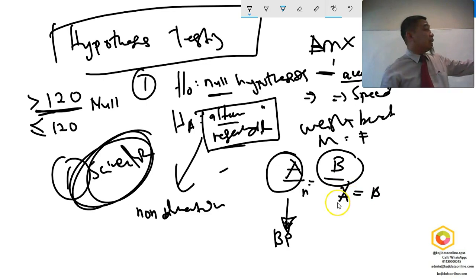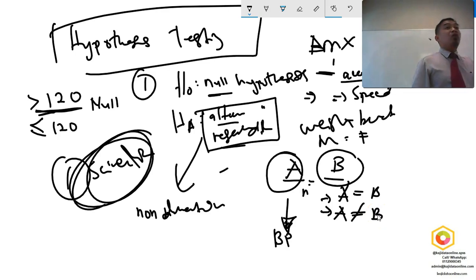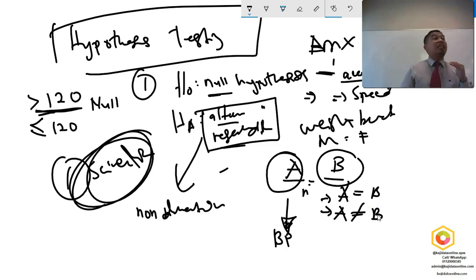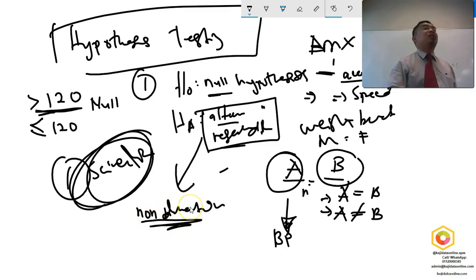This is pre, meaning before we administer the drug. After I administer the drug, I would say that A and B do not have the same blood pressure. What I mean by not having the same is the mean, if the data is normal. Correct or not? Because that is what we want to measure in the first place. So this one we call a non-directional hypothesis.